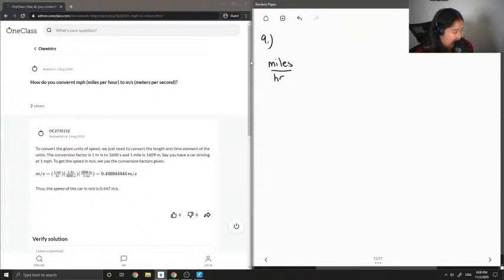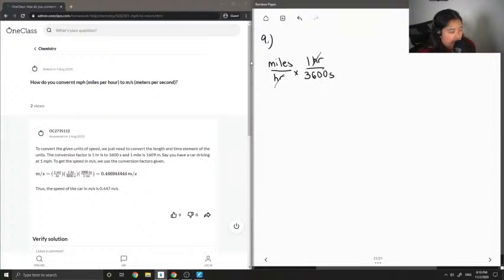So if you wanted to convert from hours to seconds, I like to put whatever I want to cancel out at the top if hours is at the bottom here. So for 1 hour, this is the same as 3,600 seconds. So this is how you would cancel out hours.